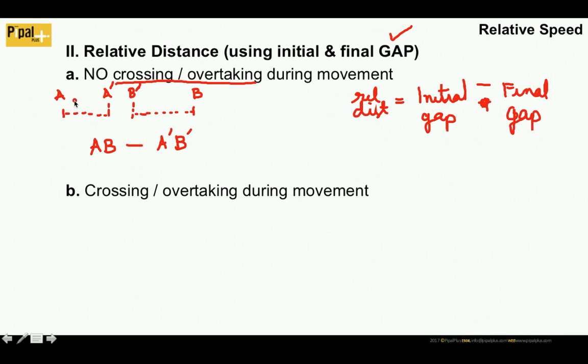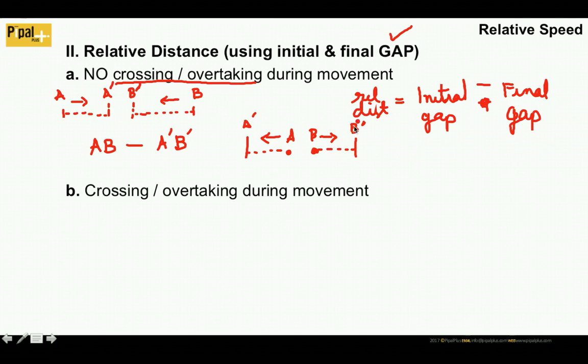Now in this case, obviously they moved towards each other without having crossed. The same formula will be applicable even when they have moved away from each other, right? So let's say A and B start from here, and A goes in this direction and B goes in this direction, and A ends up at A dash and B ends up at B dash.